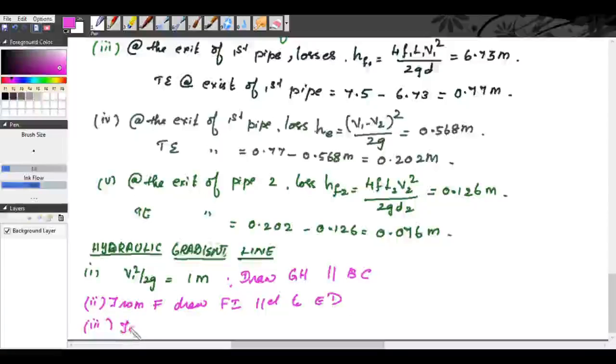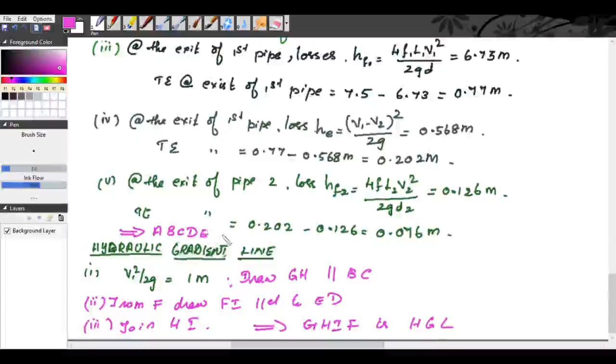Now you can join HI, which implies the line GHIF is the hydraulic gradient line. And the line A, B, C, D, E is the total energy line.